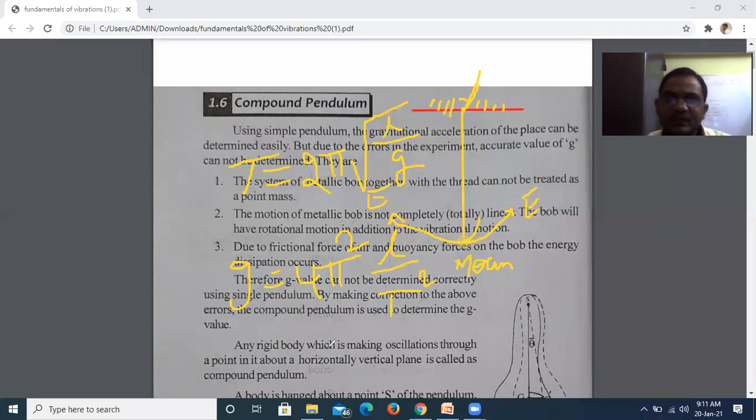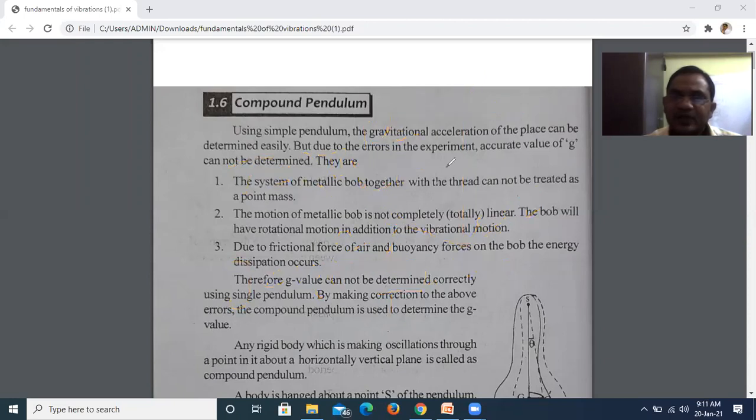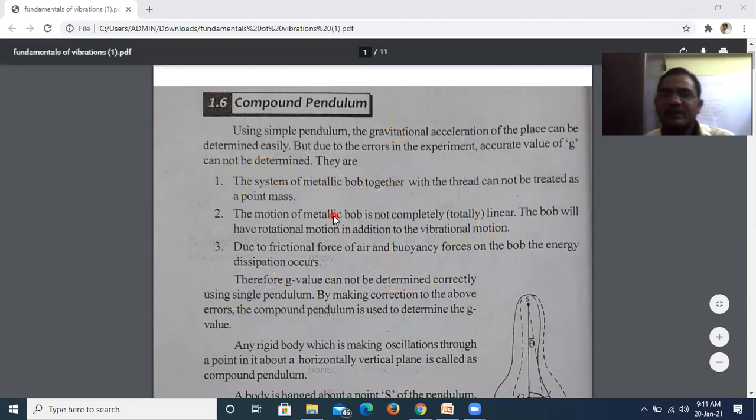Using this expression, we will determine the acceleration due to gravity, the small g value. What is the g value on the Earth's surface? 9.8 meter per second squared, or in the CGS system 980 centimeter per second squared. But there are some limitations in the determination of g value using this simple pendulum experiment.